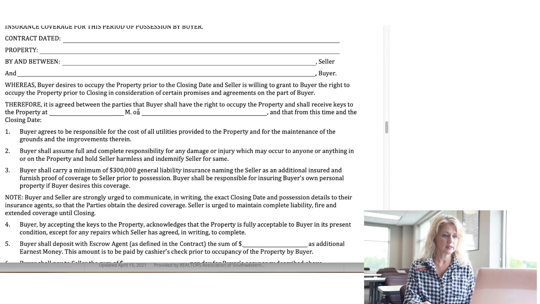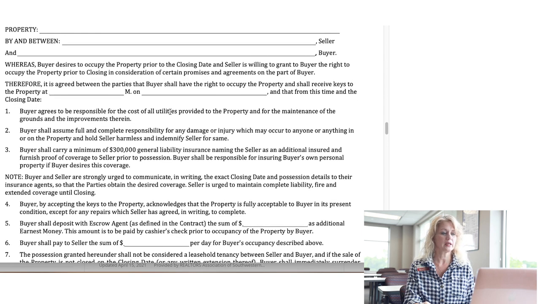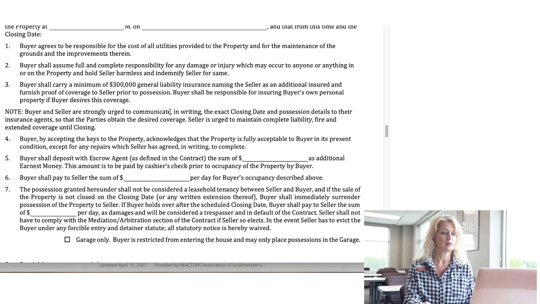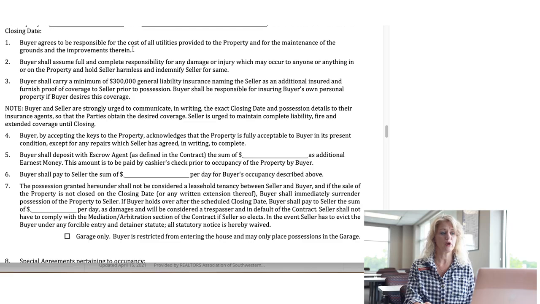So the date and time that the buyer can obtain the keys and have possession, the buyer is responsible for all utilities at that point. The buyer assumes full and complete responsibility for any damages or injury. The buyer needs to carry a minimum of $300,000 general liability insurance, naming the seller as an additional insured.